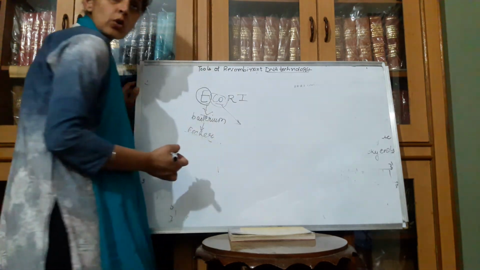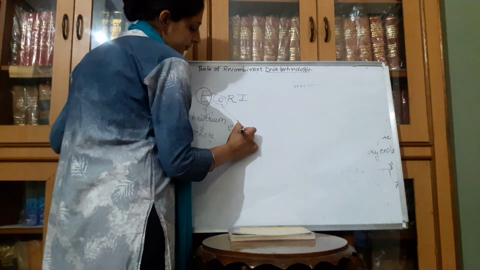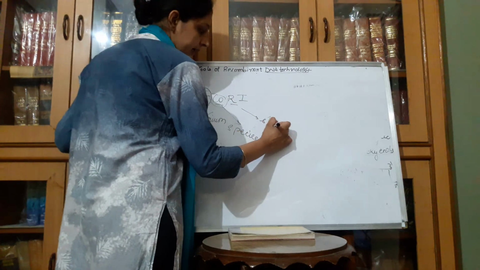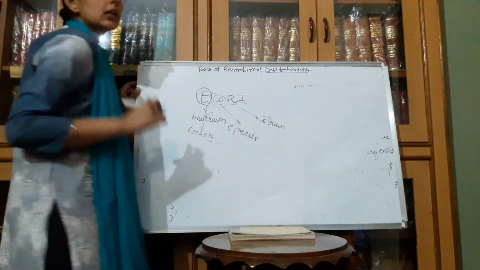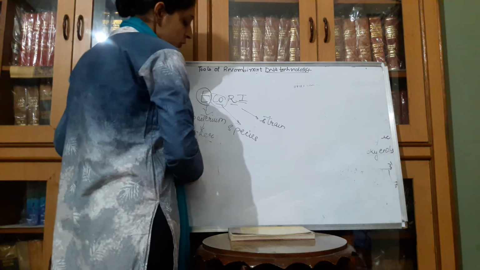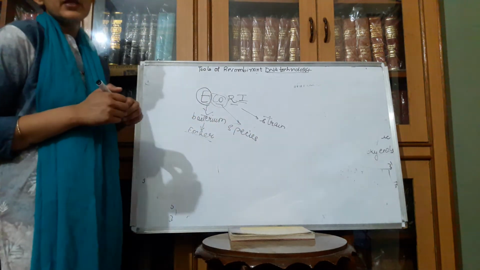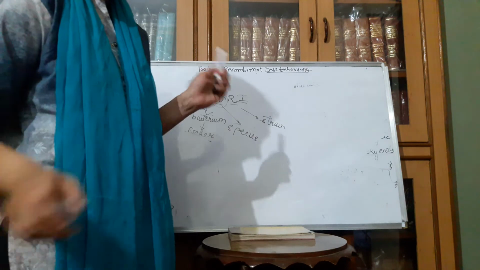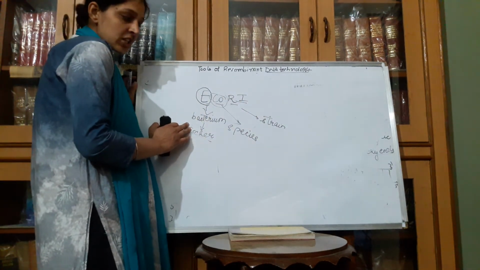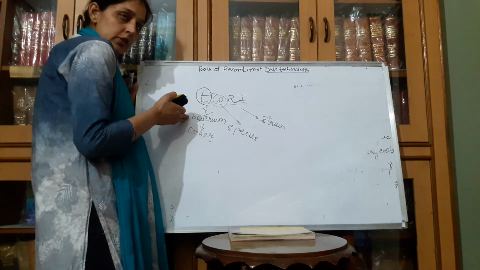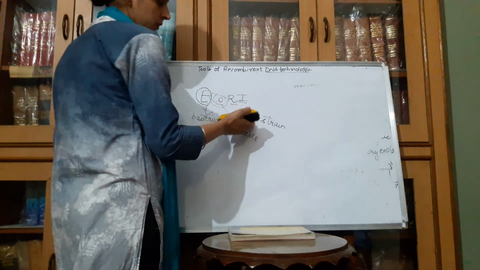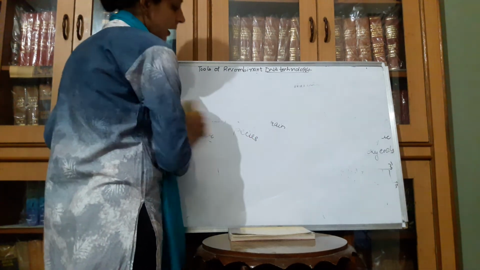CO, from coli, is the species. R is the strain of the bacteria that was used, and 1 is the number of isolation, that is, the order in which it was isolated. So the name includes the organism, the species, then the strain, and then the number of isolation.